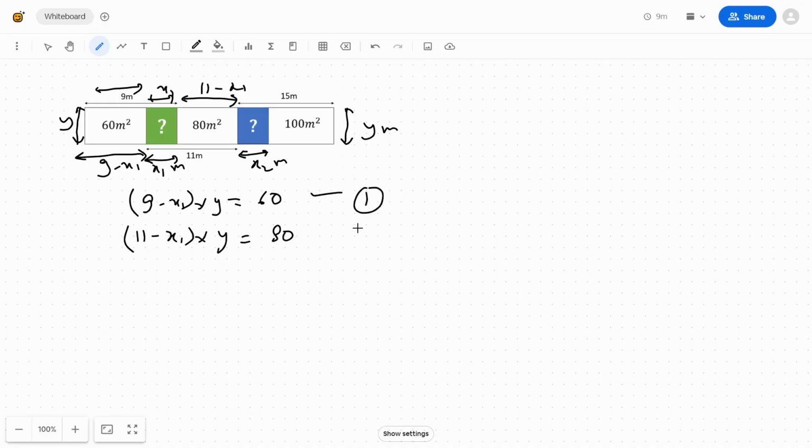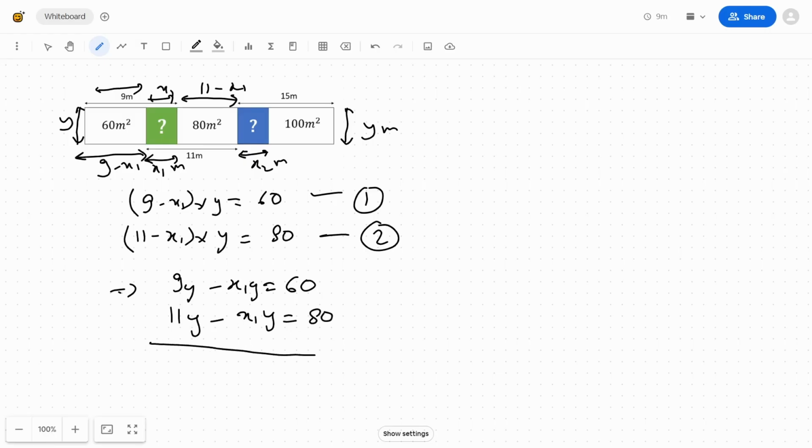Let's assume the first one as equation first and second as the equation second. And after expanding this, it will turn out to be 9y minus x1y is equal to 60 and second one would be 11y minus x1y is equal to 80.